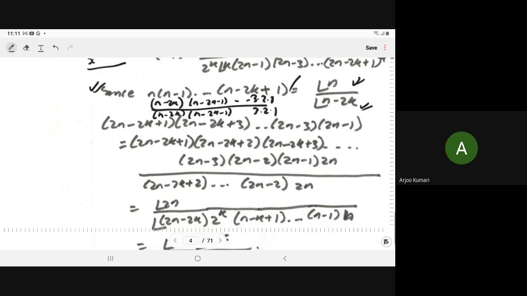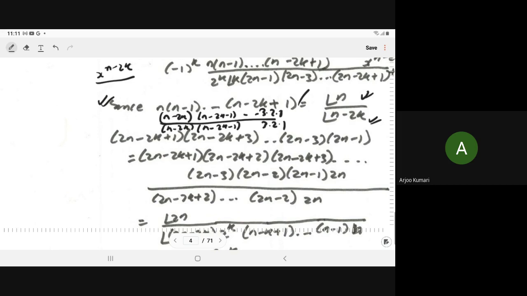Then in the denominator we have the terms (2n-1)(2n-3)...(2n-2k+1). So here we have written (2n-2k+1), (2n-2k+3), and so on, then (2n-3), (2n-1).